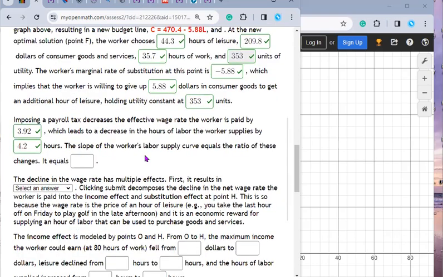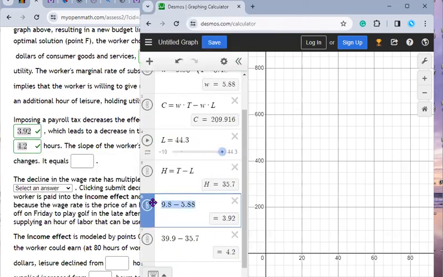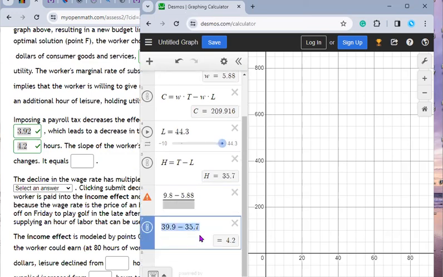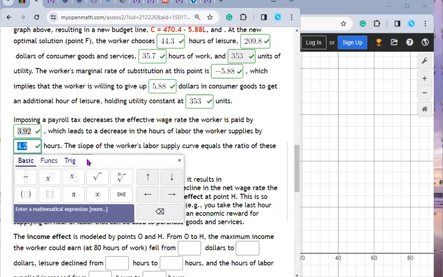Now the slope of the worker's labor supply curve is the ratio of those two. So this is the change in the wage, and that's the change in the hours of work supplied. So I'm going to divide by, then copy this, that change in the hours worked. So I got the change in the hourly wage over the change in the hours of labor supplied. And we see the slope of this worker's supply curve is 0.933.